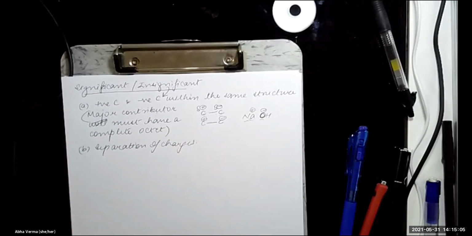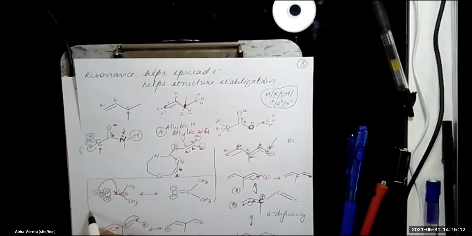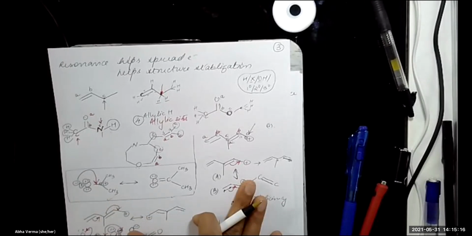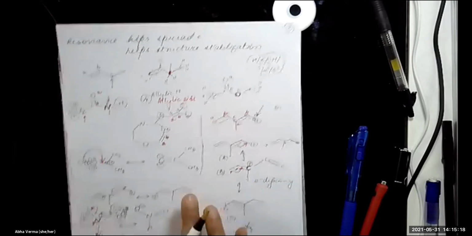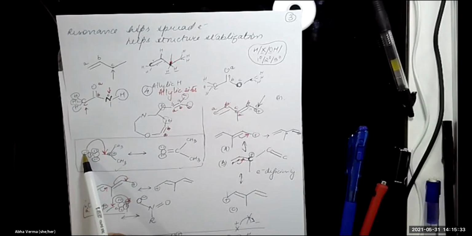Now, if you remember the structure, both of these are reasonable resonance structures, right? All of them have complete octets. But if we look at this structure, there is a separation of charge between these 2 bonded atoms. This has a positive carbon and this has a negative charge. Overall, it is neutral.